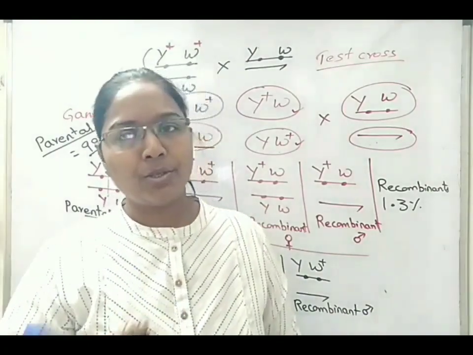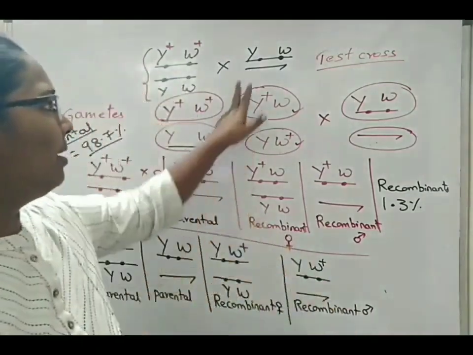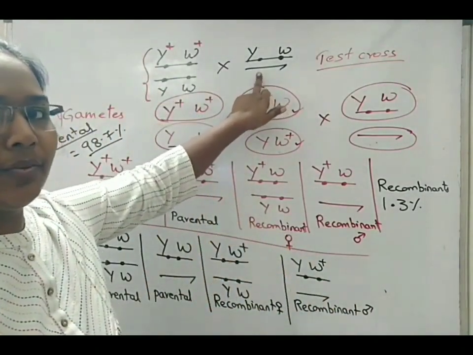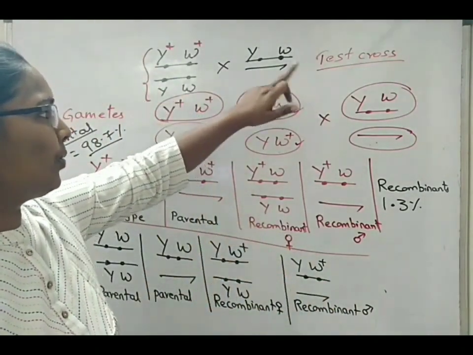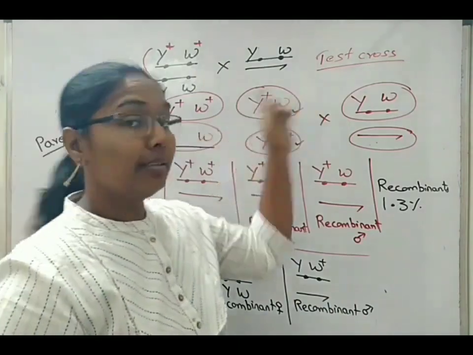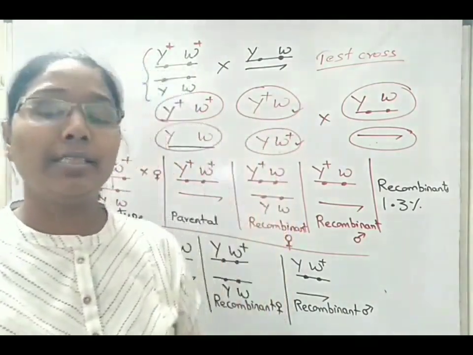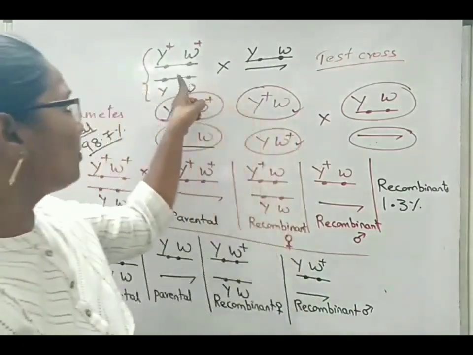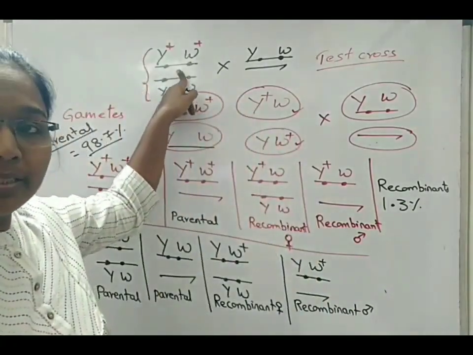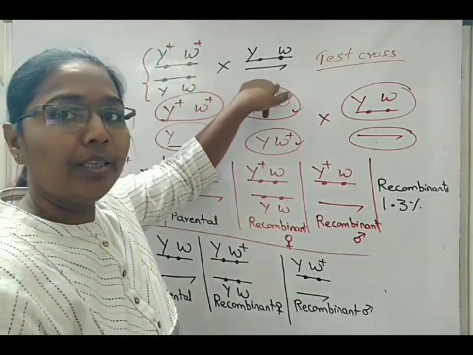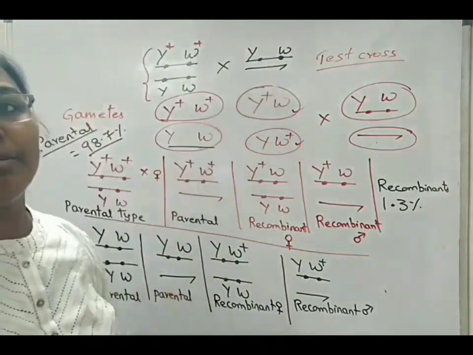And then a test cross was done among them by taking the recessive type of males, which are giving white-eyed characters. And from the F1, one type of offspring, a heterozygous female, was taken. It is crossed with this type of recessive male.